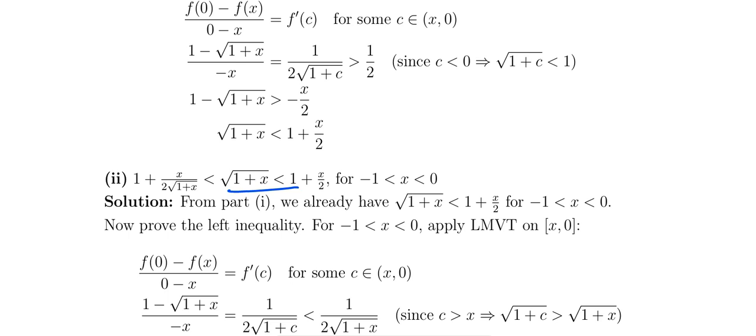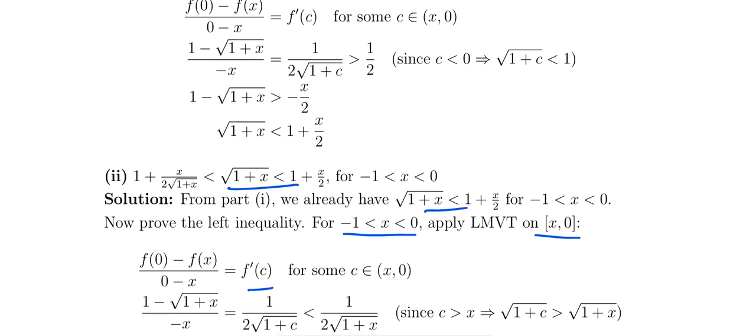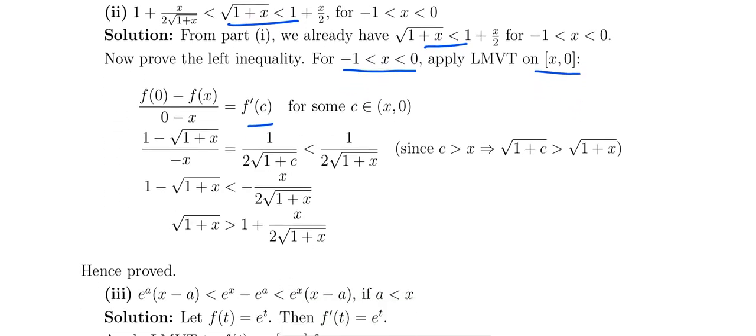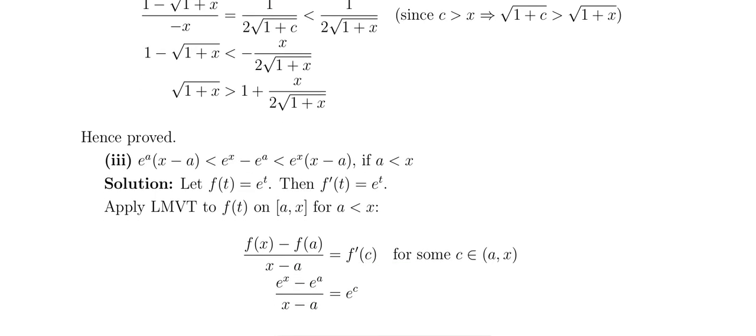This is it. So already using what we proved, we can prove it. For that x comma 0, so f dash of c equal to root of 1 plus x equal to so.